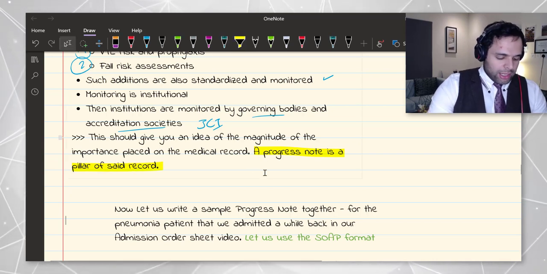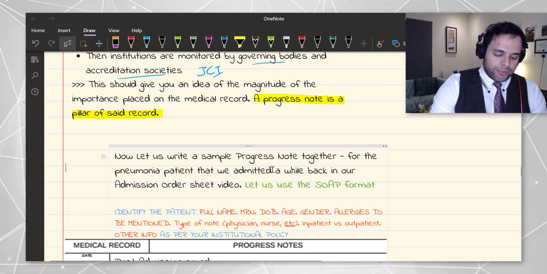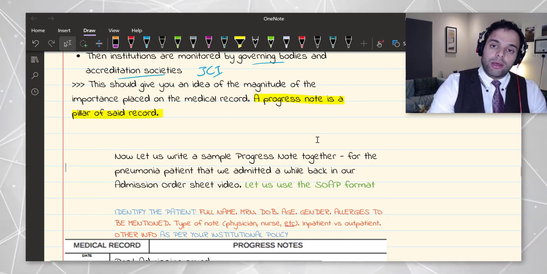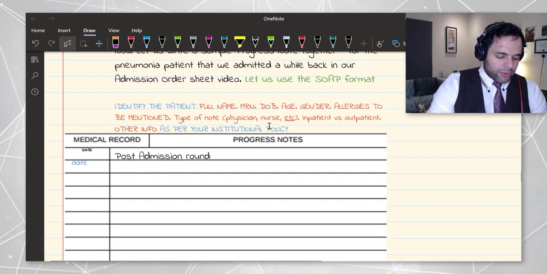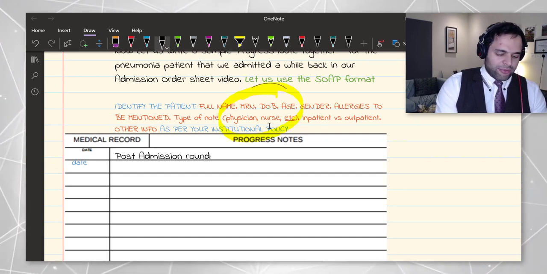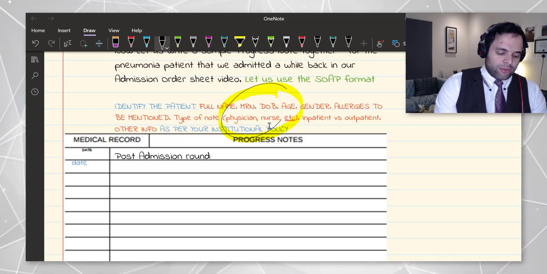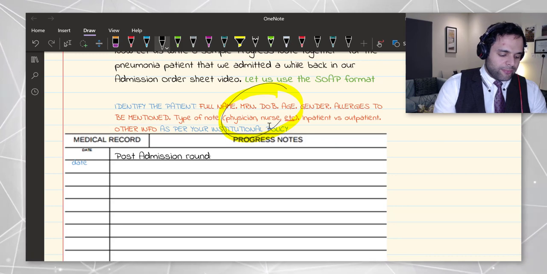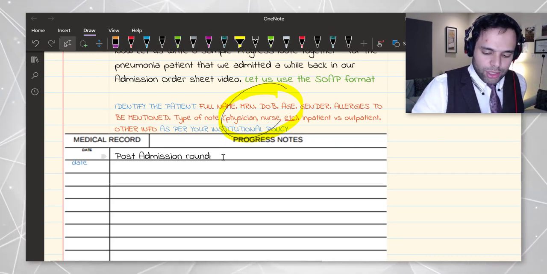You remember that now we have to look at what a progress note looks like in terms of how Dr. Lawrence Weed proposed. First, we're going to identify the patient, and after the identification, all of these data may be needed: date of birth, full name, gender, allergies, etc. Then we're going to start a sample note.